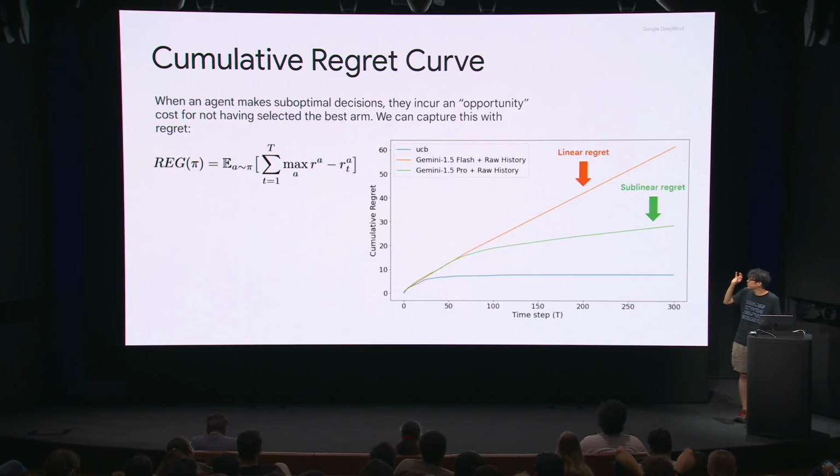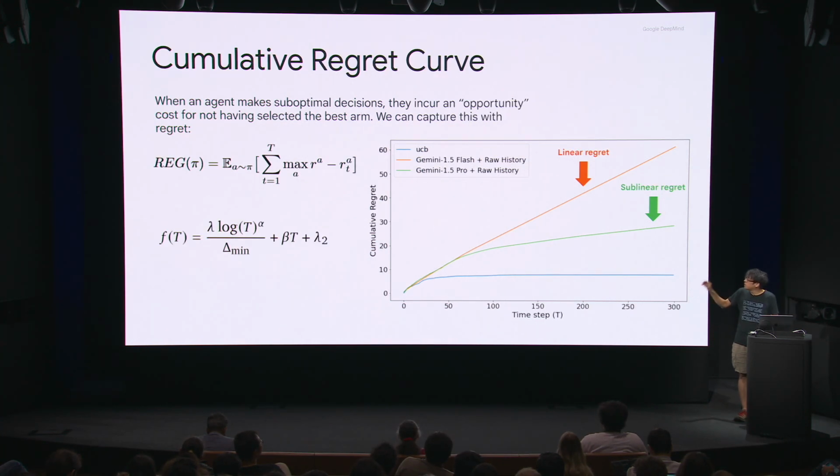By using the bandit problem, we can actually analyze the exploration behavior in a very rigorous way. Without getting too much into the detail, usually the theory community will characterize the exploration behavior as two different types of regret growth: either linear regret growth or sublinear regret growth. The sublinear is actually what we want algorithms to exhibit.